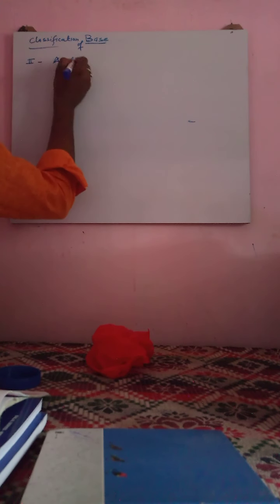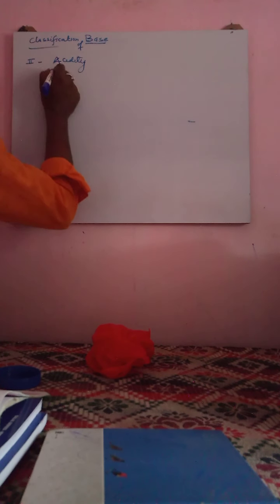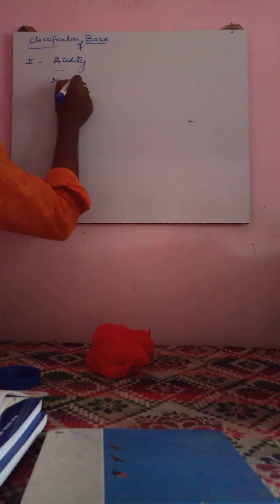Now see, the next aspect which classifies base is acidity. In case of acid, we were using the term basicity. Here it is acidity. What is acidity? Acidity means the number of hydroxyl radicals which can be replaced to produce salt is known as the acidity of a base.